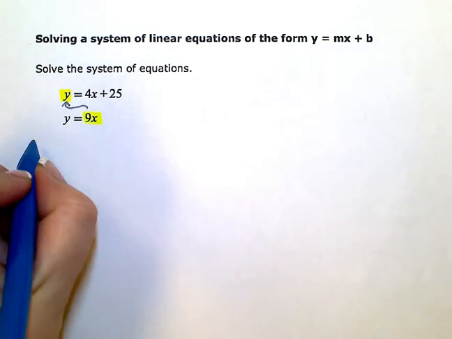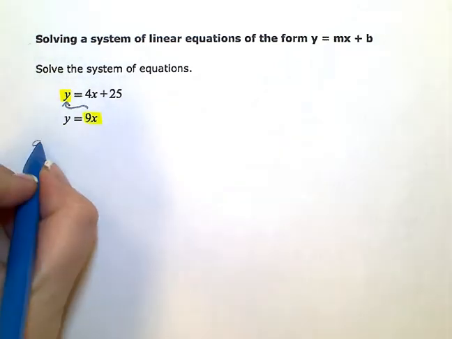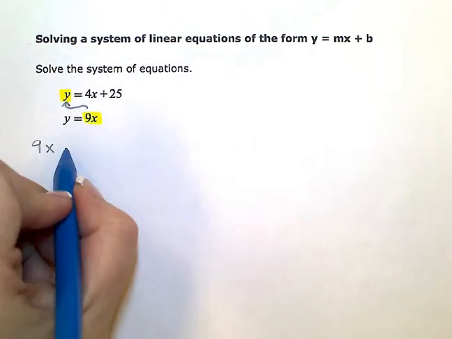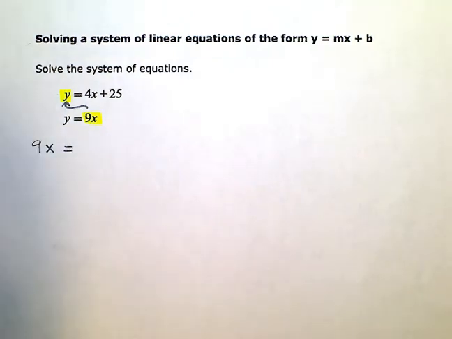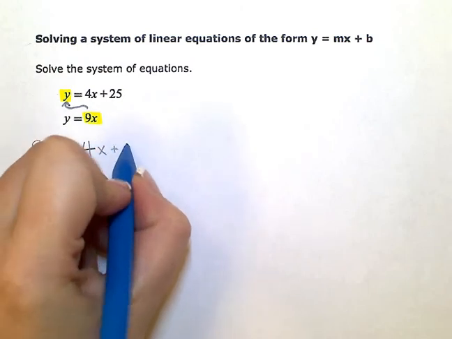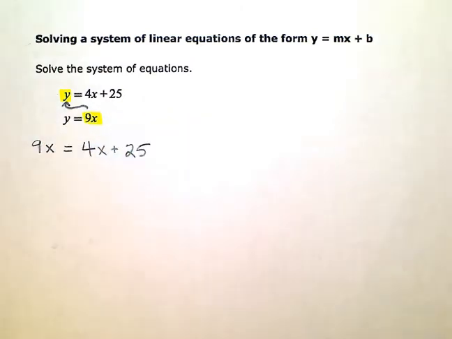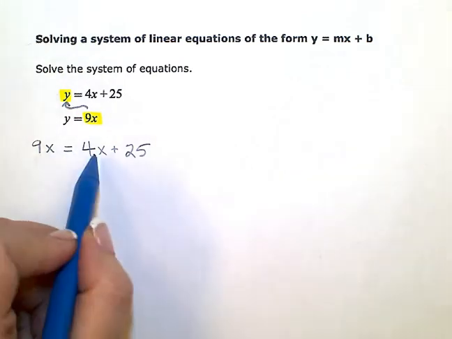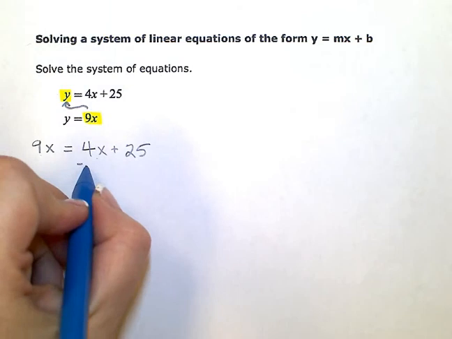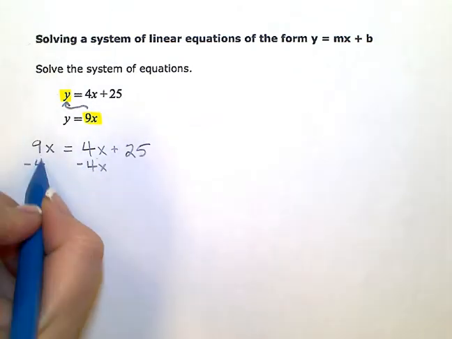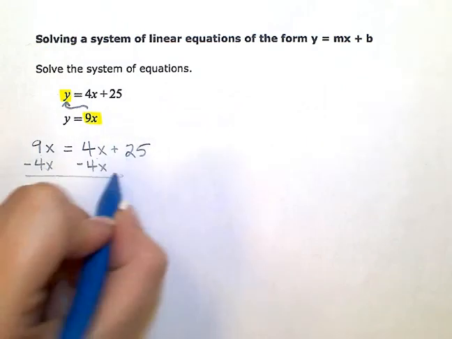So this is going to look like this. Instead of y, I'm putting 9x on the left side of the equation, and on the right side I have 4x plus 25. And then I can just solve this equation for x. Since I have variable terms on both sides, I need to zero out one of those terms and then balance the equation by doing the same operation on the other side.